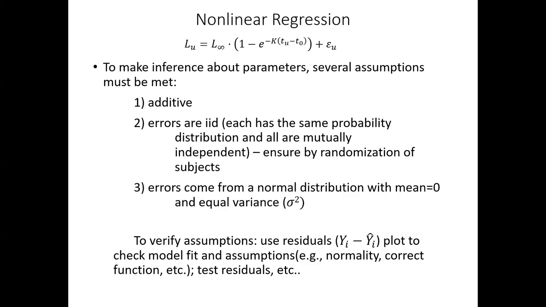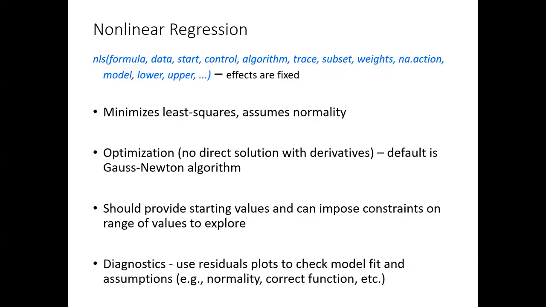And usually to verify these assumptions, once we fit the model, we use some types of residual plots. There's other things to do, like you could test the residuals for normality. I'll show you a few of those things.